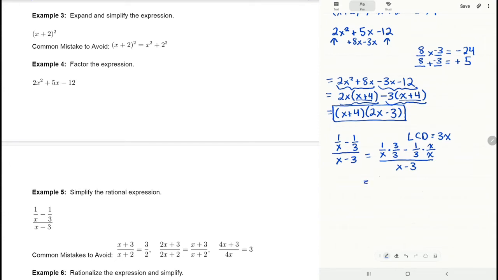So we have 3 divided by 3x minus x divided by 3x all over x minus 3. And now that they have the same denominator, we can subtract the two fractions. So what we have is 3 minus x divided by 3x, and that's all over x minus 3.